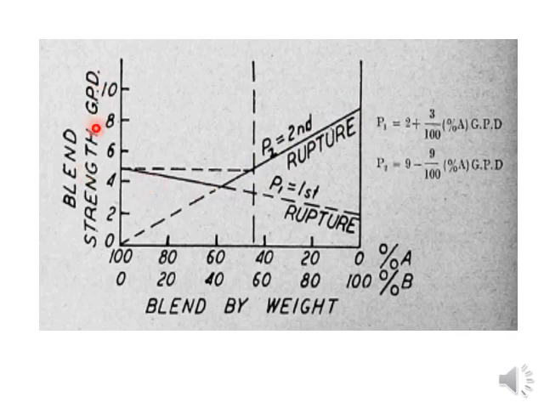Here it is the blend strength or tenacity of the blended yarn, and this is the blend of fiber A and B. At this point there is 100% of fiber B and 0% of fiber A. At this point, 100% of fiber A and 0% of fiber B. Somewhere in the middle, 50-50: 50% of fiber A, 50% of fiber B.